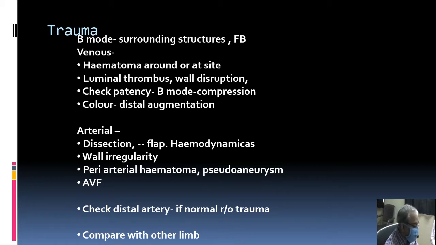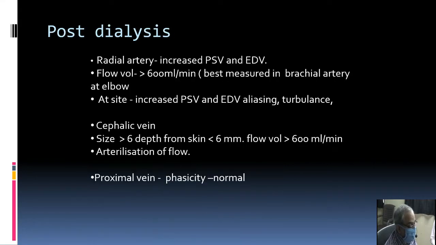We will discuss AV fistulas later. We can check the artery distal to the site of the injury, and if it is normal, it is said to rule out trauma, and as usual you should always compare with the other limb. Post-dialysis we will consider when we do that patient.